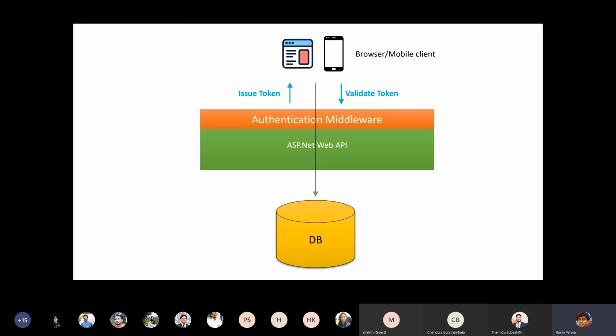For the subsequent requests, that very same token will get attached to all the requests, and this authentication middleware will validate the token that must be present in every request, right? If the token is not there, the middleware will reject the request, so the request will not go beyond the orange area. That's the job of the middleware, right?